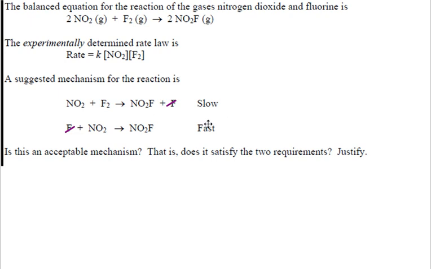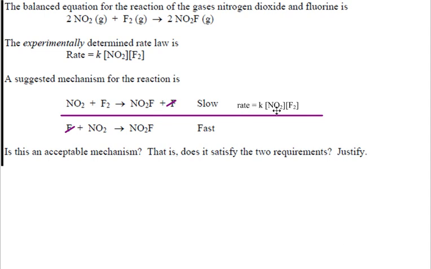So we can draw a line and we're going to ignore everything that's below it when it comes to writing our rate expression, because the rate expression is dependent upon the slowest step. So we do everything up to and through the slowest step. So I'm going to draw a line and I'll write the rate expression for everything up to the slowest step.